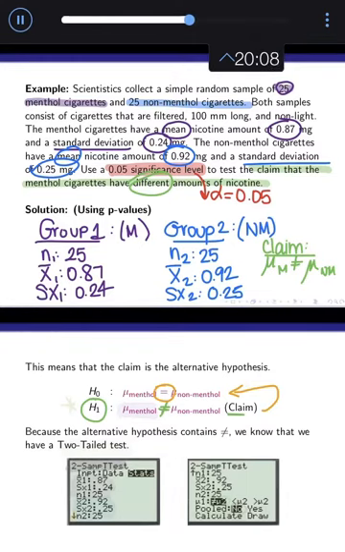It came from the menthol group, which had a mean of 0.87, a standard deviation of 0.24, and a sample size of 25. Then we also looked at the non-menthol group, which had a mean of 0.92, a sample standard deviation of 0.25, and a sample size of 25 as well. So that was our group 1 and our group 2.